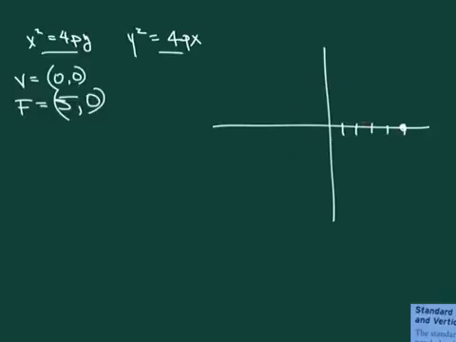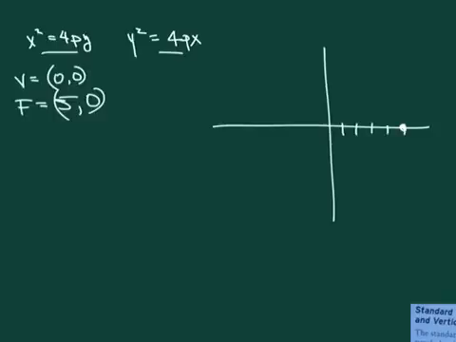So if there's a number in the x position, it opens left to right. If there's a number in the y position, it opens up or down. Because this is in the x position, we know it's going to be opening left to right. And whenever anything opens from left to right, we use this formula right here, and up and down is this formula here. So keep track of that, writing that down in your notes so that you remember.